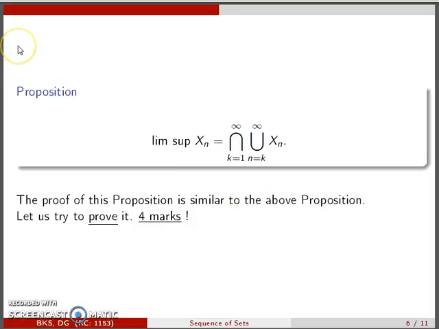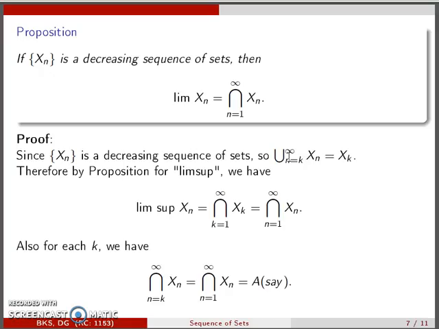Well, let's stop for a minute and try to think about lim sup and lim inf. Let's resume. So once we have the definition, we have this proposition: if xn is a decreasing sequence, then the limit of xn is in fact the intersection of all these xn's.